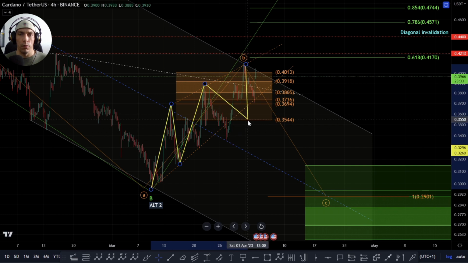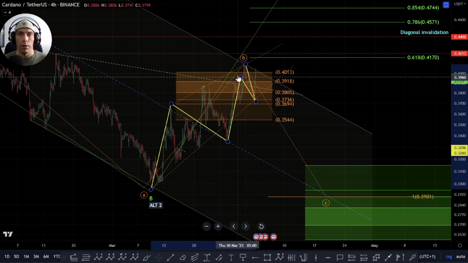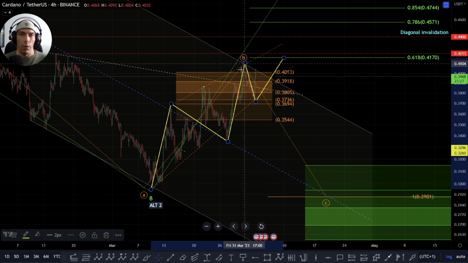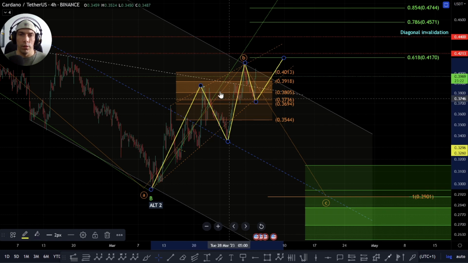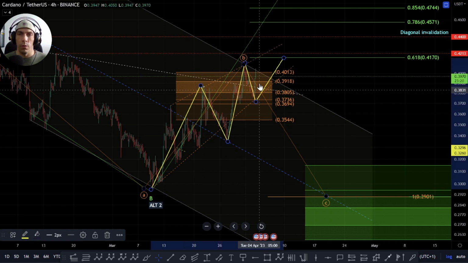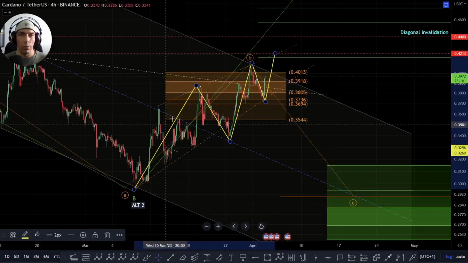Or alternatively, we can shift this to the upside where we look at this whole move into here, potentially as a wave 1 into this high. This is a 2, 3, 4, and 5. So this is something I'm just keeping an eye on just because of the structure that we're forming here.